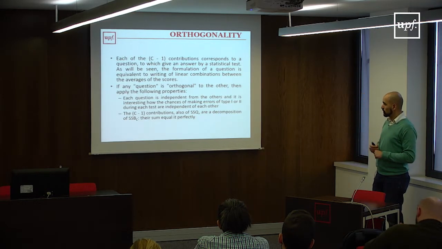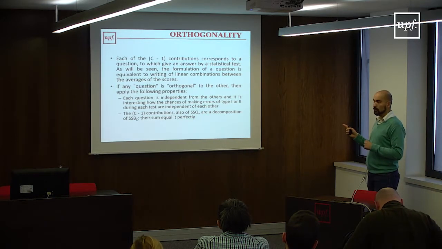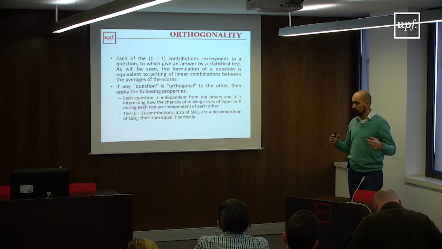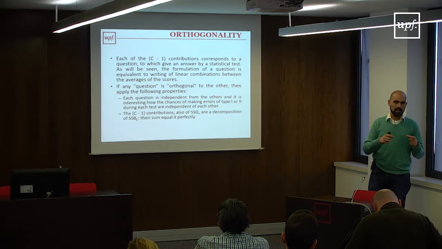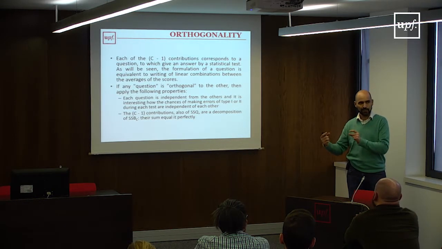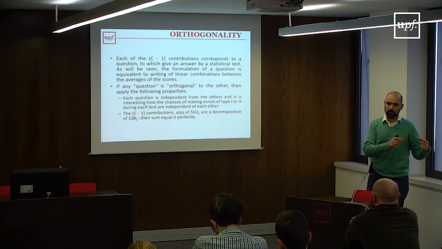The C minus 1 contributions, the sums of squares, are a decomposition of the sum of squares of the total factor. So the sum of the sums of squares of each of the questions must be equal to the sum of squares of the factor we are studying.